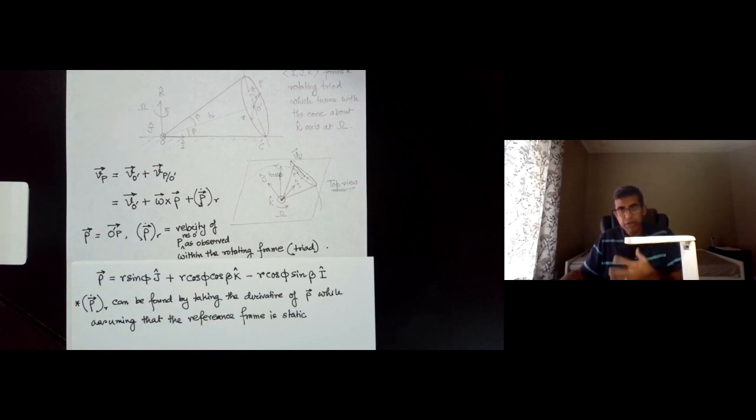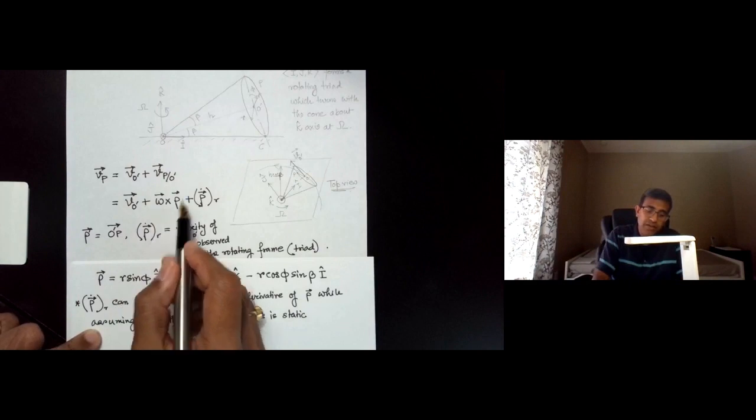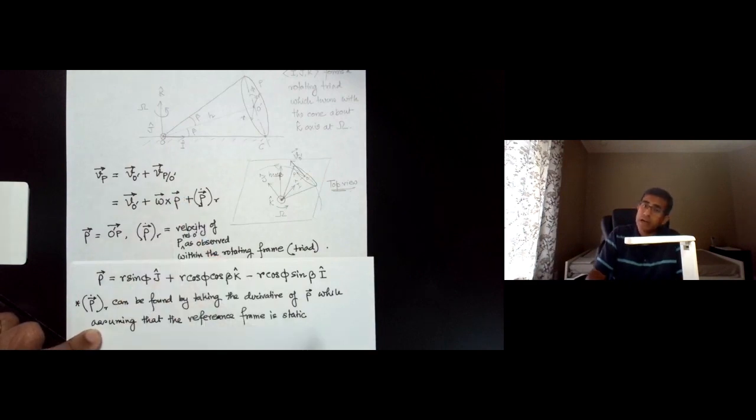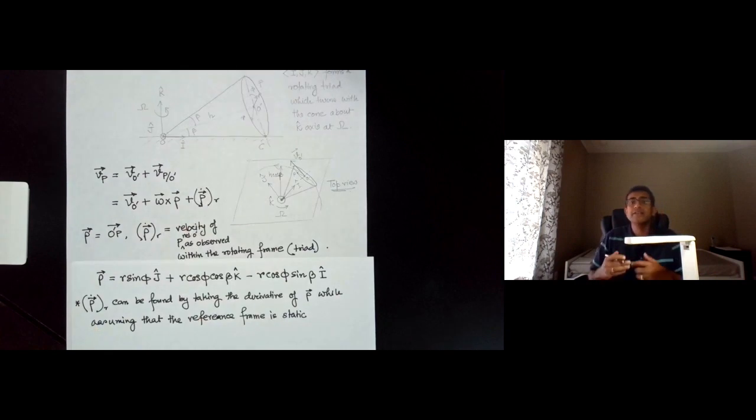That assumption amounts to finding the velocity of p with respect to O prime within the rotating frame. If you were to differentiate i, j and k also, you would be incorporating the fact that the frame itself is rotating, and that incorporation is actually done in this term, so we don't need to do it again. This part just finds the velocity within the rotating frame.